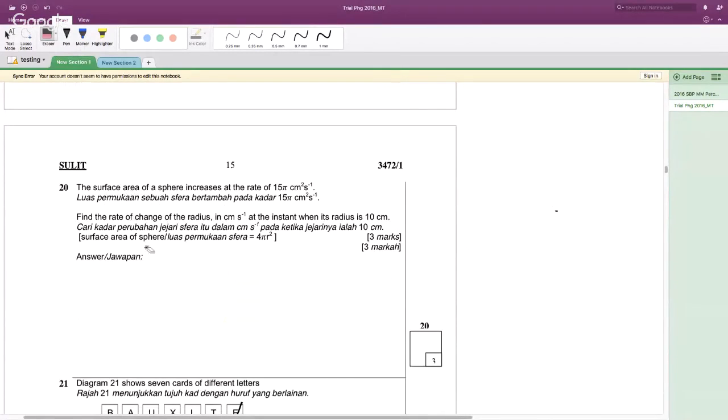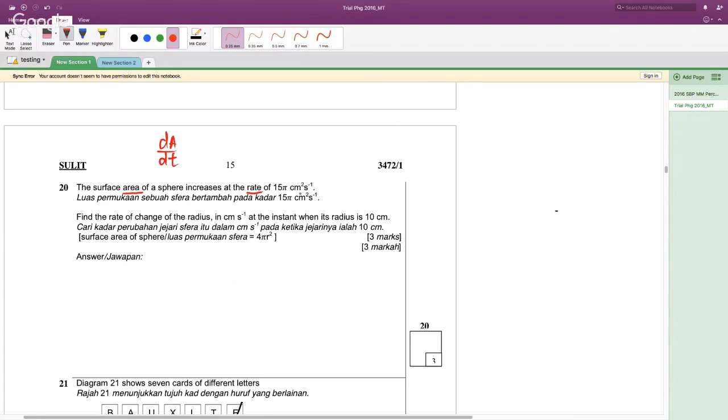Okay, so first thing is, of course, if you can understand the whole sentence, this one is trying to say about area. Area means dA. And then you see the word rate. Rate means dt. dt is always at the bottom. So I know this one is dA dt. All right, if you couldn't understand the sentence, then you can see the unit.